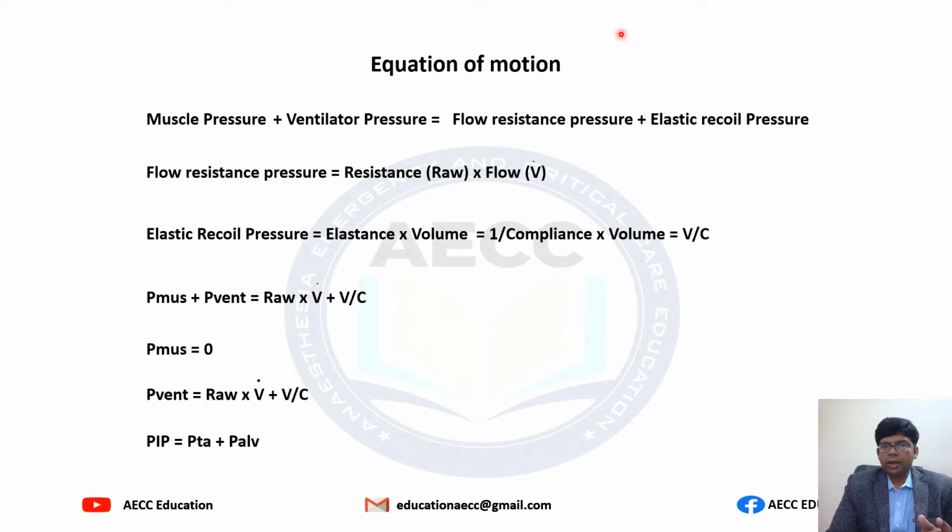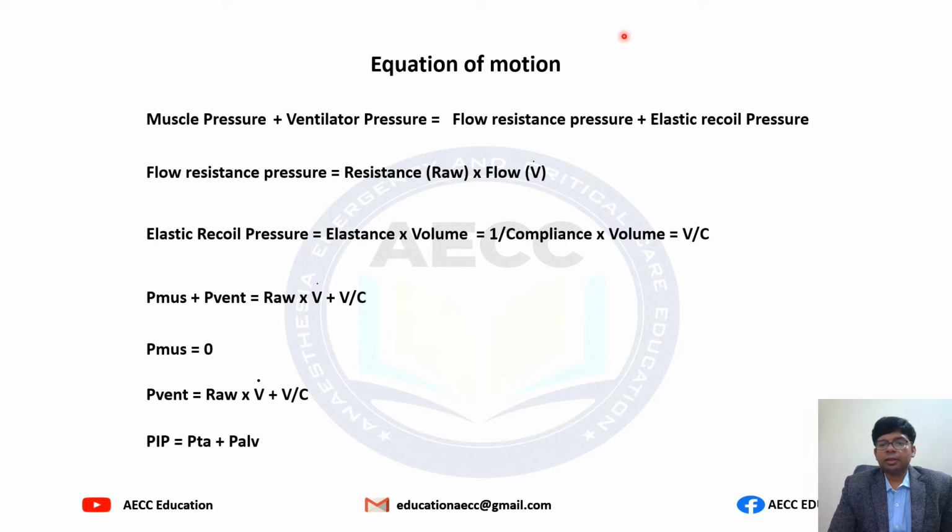The energy required to produce motion can be achieved by the contraction of the respiratory muscles during a spontaneous breath, or it can be generated by the ventilator during a mechanical breath. In both cases, the amount of pressure that must be generated to produce the flow of gas into the lung depends on the amount of airway resistance and the elastance of the lung as well as the chest wall.